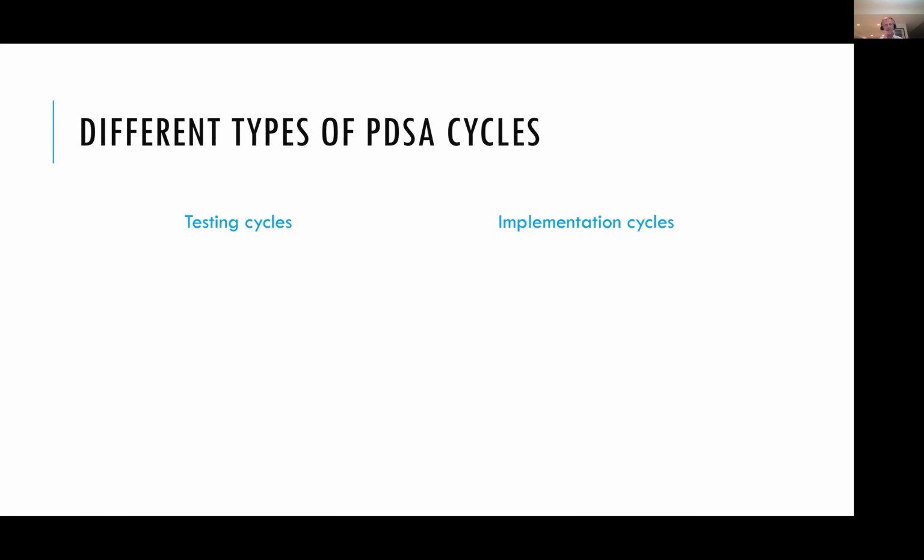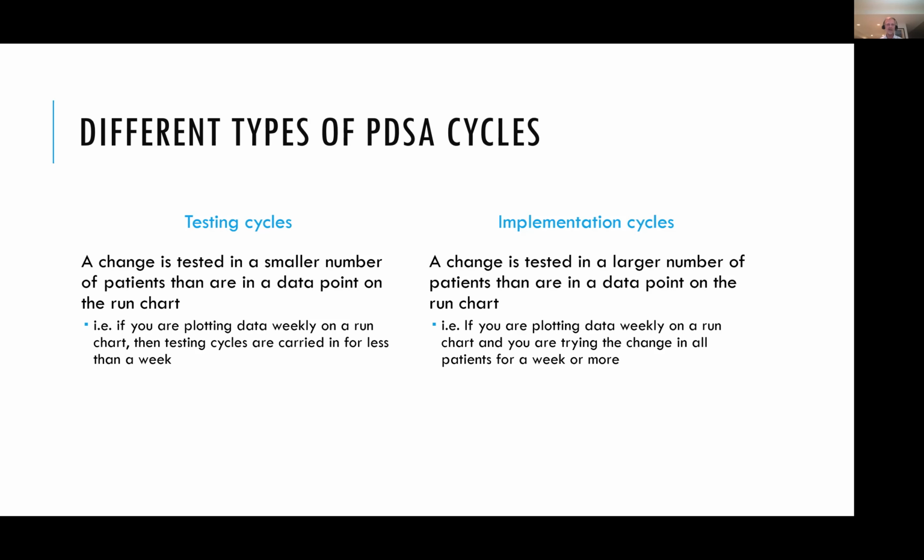I think it can be helpful to think of 2 types of PDSAs: one where we are just testing, and one where we're doing implementation. A testing cycle doesn't use many patients. It uses fewer patients than you would see in one data point. So if you are plotting weekly data, then a testing cycle would be done in less than a week.